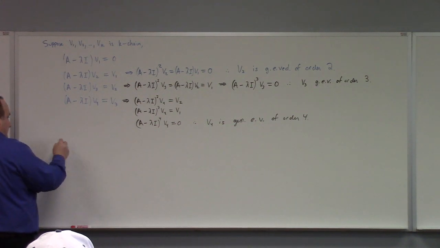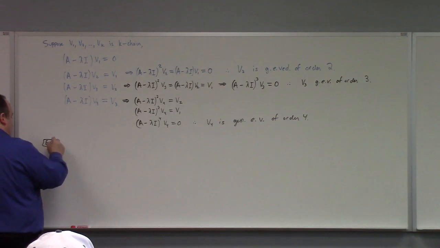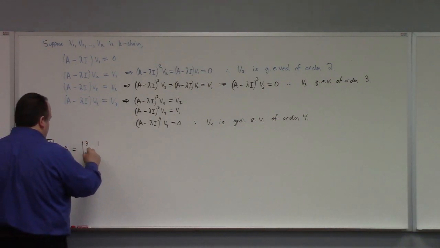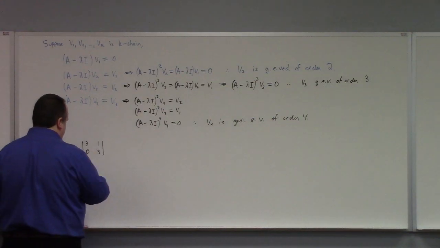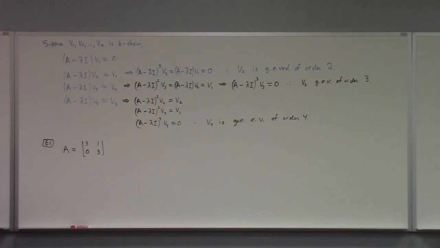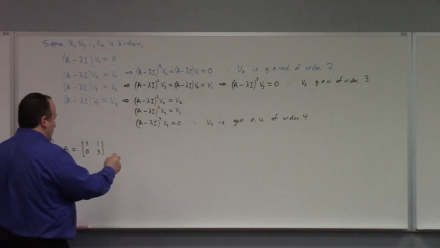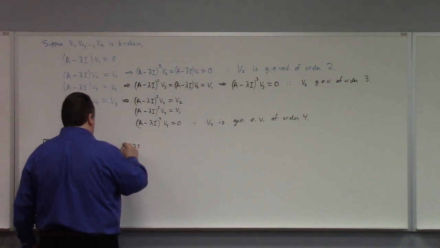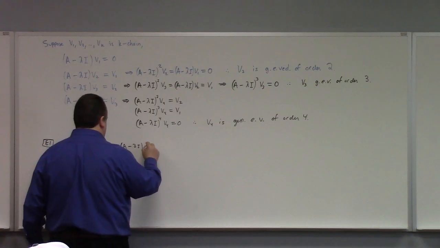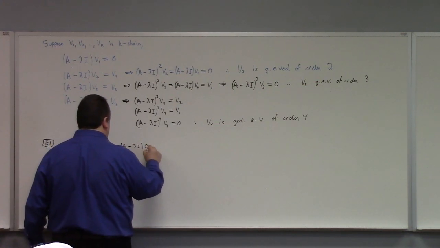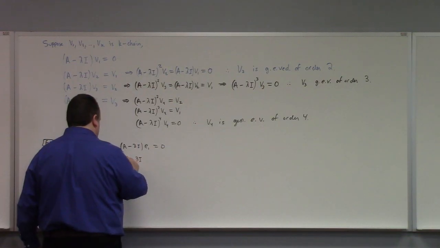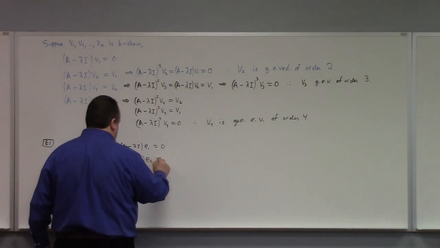So I guess example 1 here, if we had A equals [3, 1; 0, 3], this matrix here, we have (A minus 3I) times e1 is equal to 0, and we have (A minus 3I) times e2 is equal to e1.